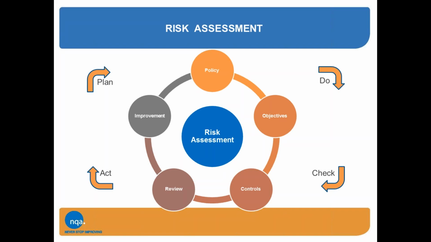The objectives based on the company's policy and based on the severity of risk and need of the business will come out of the risk assessment process and can be linked to that risk assessment process, as will the controls and the hierarchy of controls that we'll talk about later.